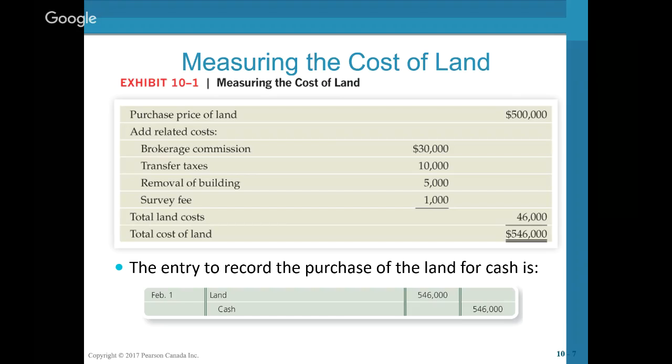Well, that cost would probably be part of the cost of the building, and there we would debit building, credit cash. If you've got an old building that's on the land that needs to be removed so you can build a new building, that would be deducted from the cost of the land. My apologies, it would be added to the cost of the land.